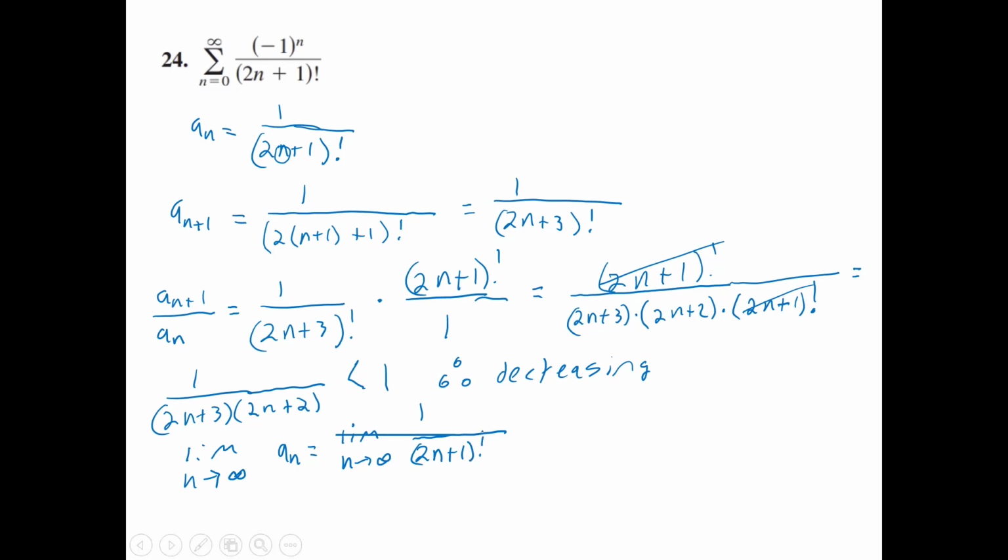And again, you may not have recalled seeing anything like this before, but if you see what's going on once you're putting in 0, 1, 2, 3, 4, 5 and asking what's happening as n gets bigger and bigger. Well, as n gets bigger and bigger, the 2n plus 1 gets bigger and bigger, and then when you factorial it, that just makes it get even bigger, and so the top is staying fixed at 1, the bottom is growing without bound. The answer is 0. There's no work to show there.